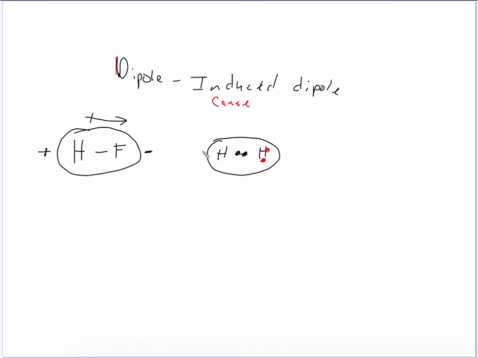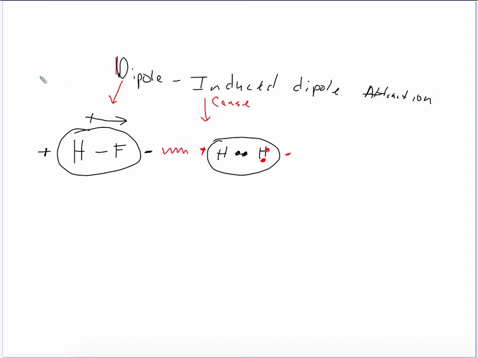Now, that's going to induce, that means cause, okay? It's going to cause a dipole in this H2. And so this end of H2 will become slightly positive, this end will be slightly negative, and there'll be a force of attraction here. Now this type of attraction is called a dipole, induced dipole attraction.